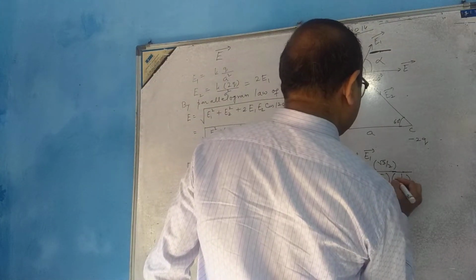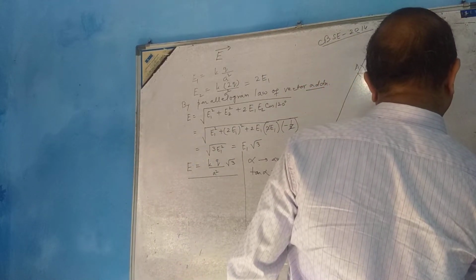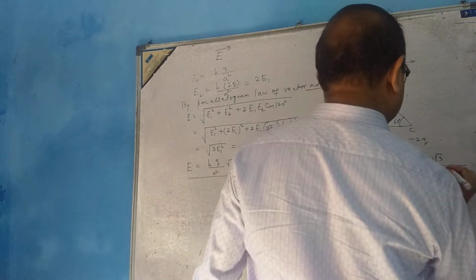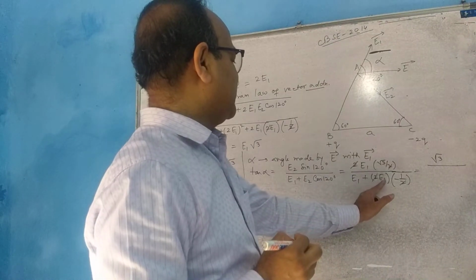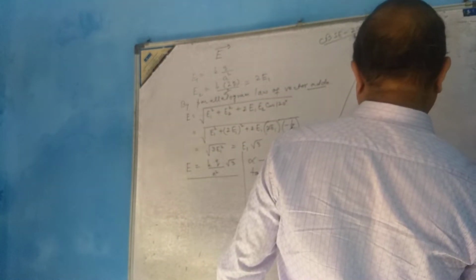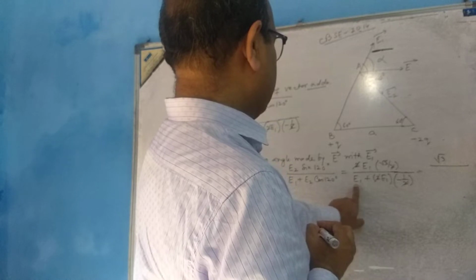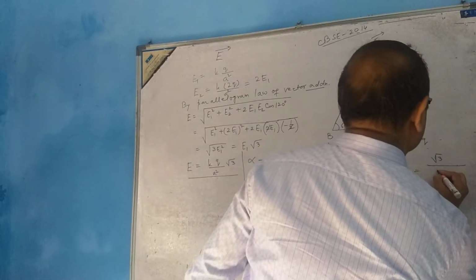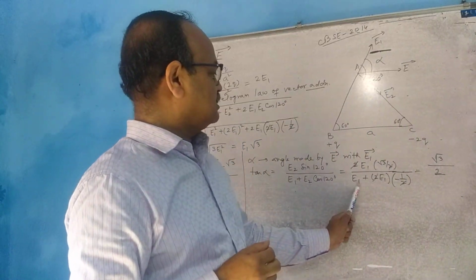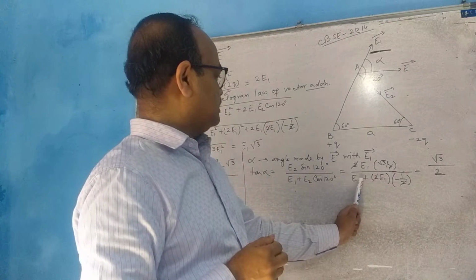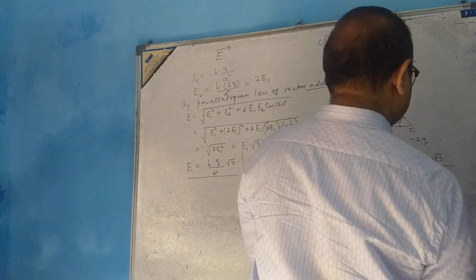That means 2 and 2 will be cancelled, so we are getting root 3 divided by, E1 and E1 will be cancelled, that means 1, half. Just check it. Here we are getting E1 minus E1, sorry, it should be 0.